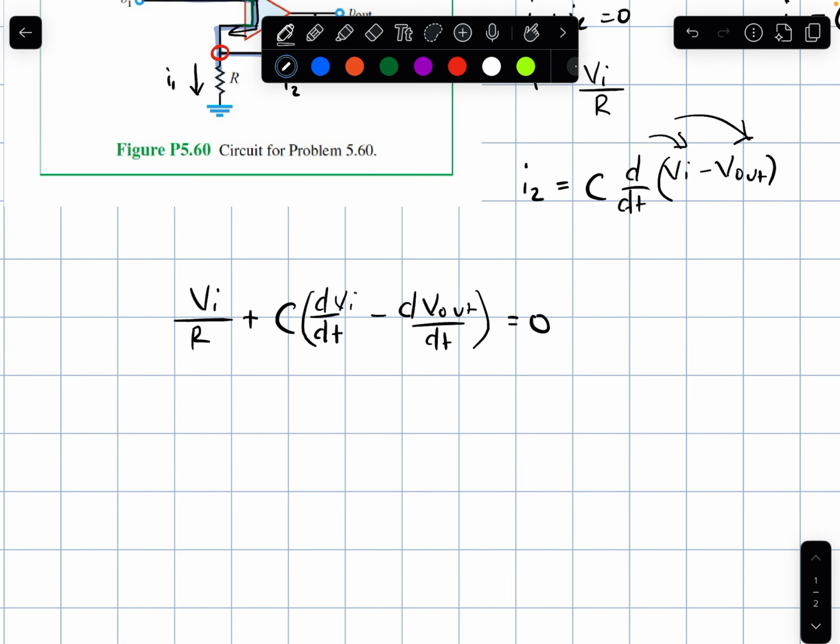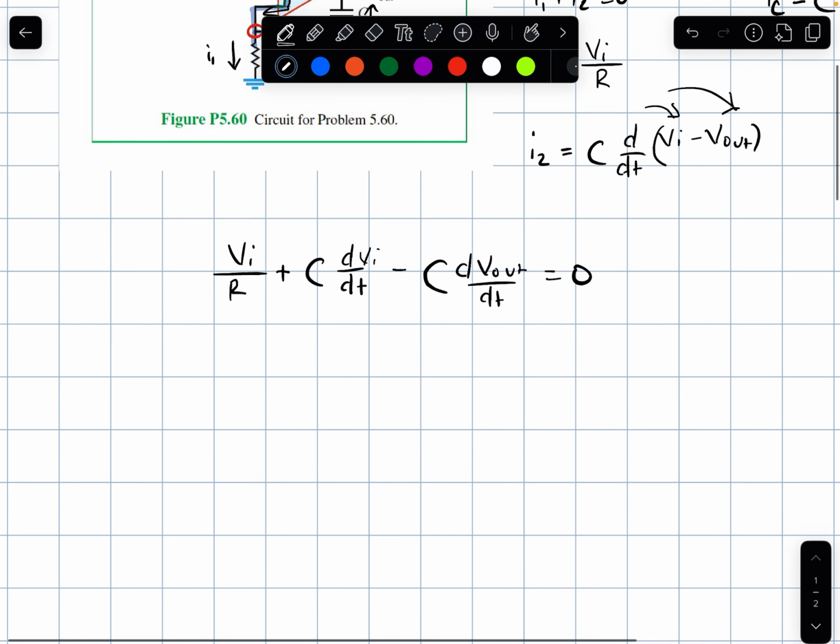So that all equals 0. And now, well, this C goes with both of them. Sorry. I want to also include the C's in here. So minus C equals 0. Okay, there we go.